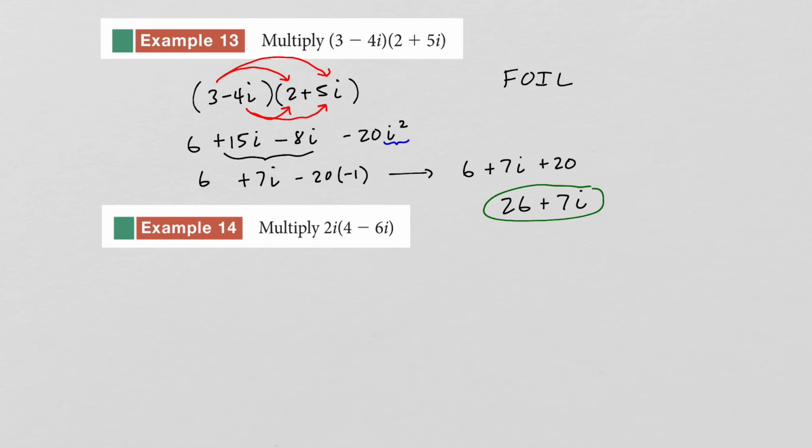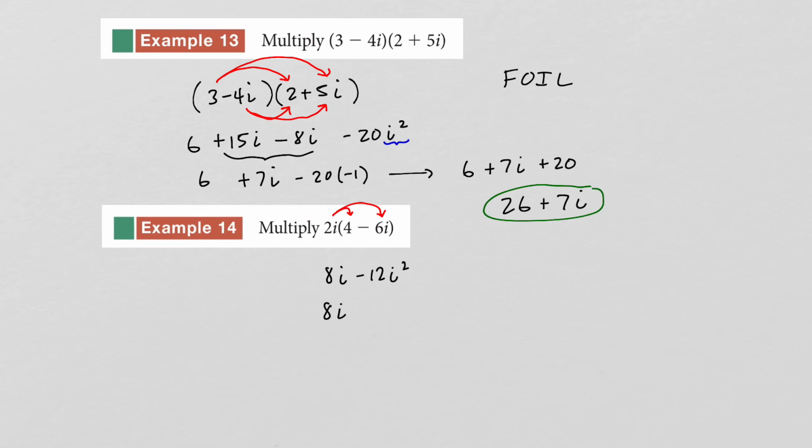The second problem is actually even a little bit simpler. Here we have 2i multiplied by 4 minus 6i. What we need to do here is distribute the 2i to each part. So 2i times 4 is 8i, and 2i times negative 6i is negative 12i squared.